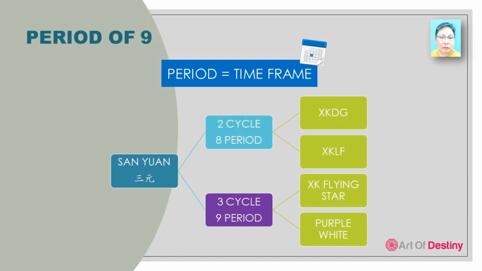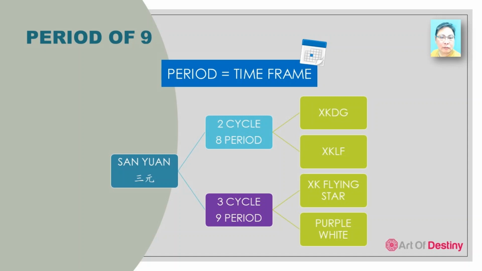So even when we talk about this term period, there are two definitions. You have to be very clear whether you are referring to the 2-cycle 8-period system or the 3-cycle 9-period system. Today in this topic, I'm going to focus on the 3-cycle 9-period system.